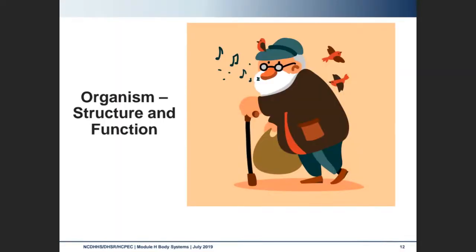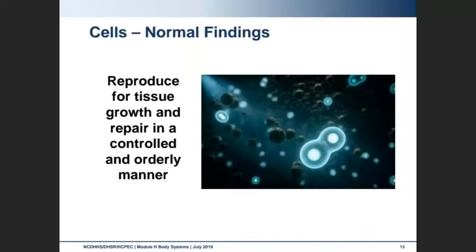It's normal for our cells to grow and divide, and our tissue growth and repair to happen in a controlled and orderly manner. When we have a variation from normal at the cellular level, this is when we see things like cells growing and dividing out of control, developing into masses or clumps of cells.